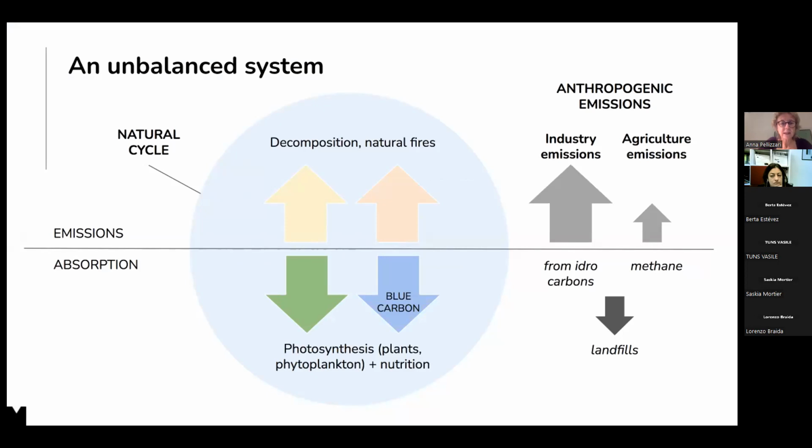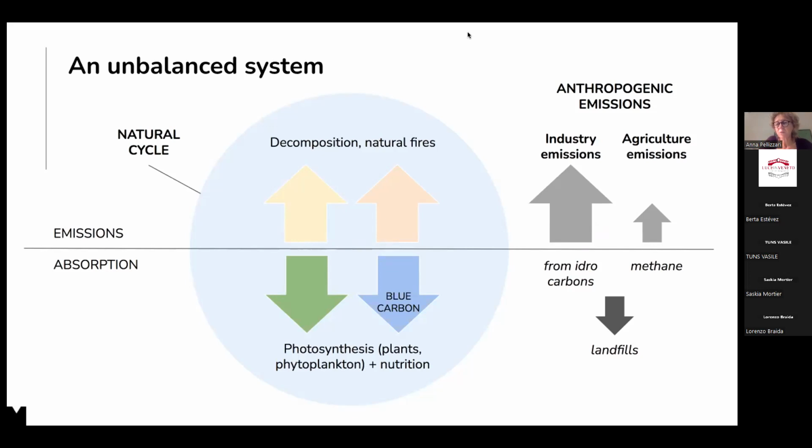So we have on one side the emissions of CO2, which is naturally due to the decomposition of living beings and natural fires, respiration, etc. And on the other side, we have absorption of carbon, which is made by photosynthesis, by plants and phytoplankton, and by nutrition, so by the absorption by living beings of carbon to grow and live. Blue carbon is the one that is absorbed by the oceans, which is a big part of it.